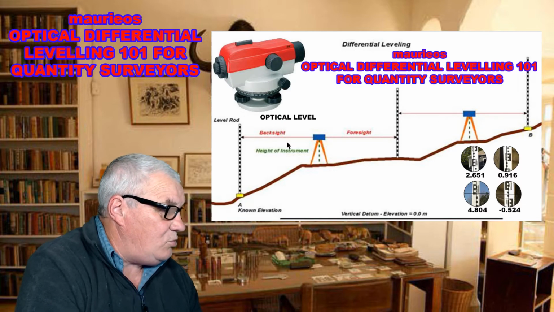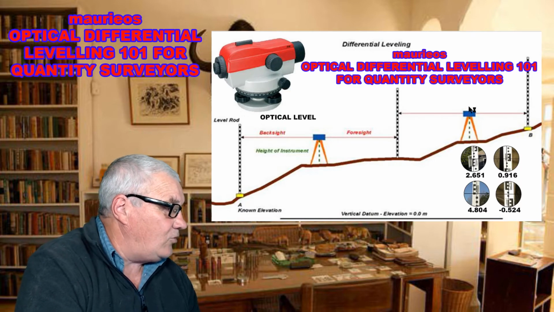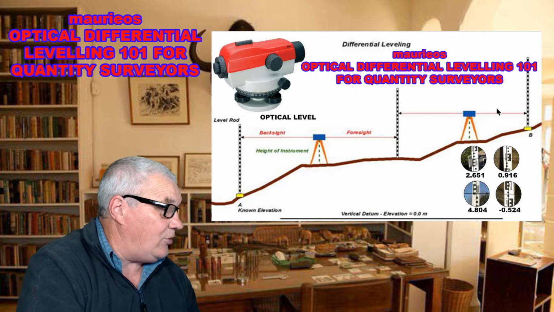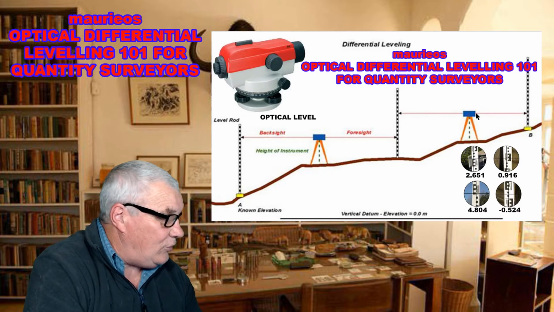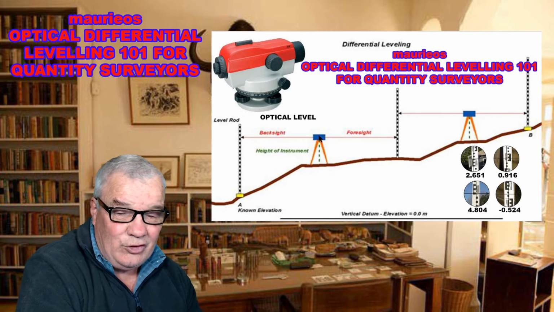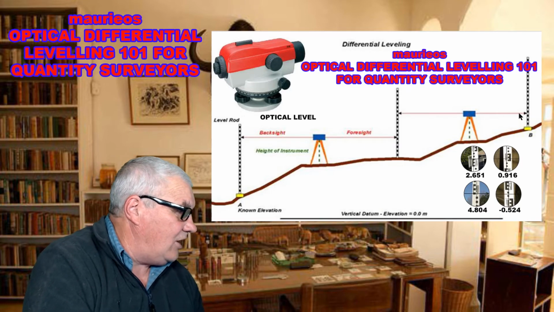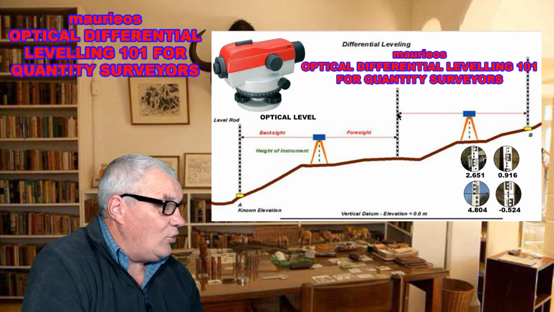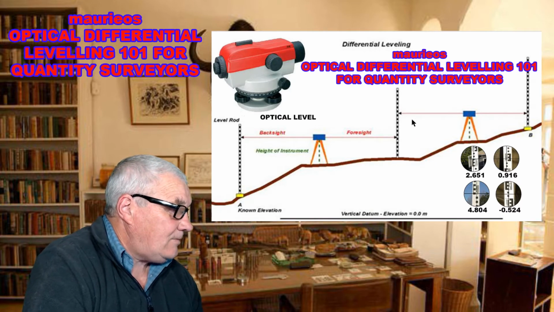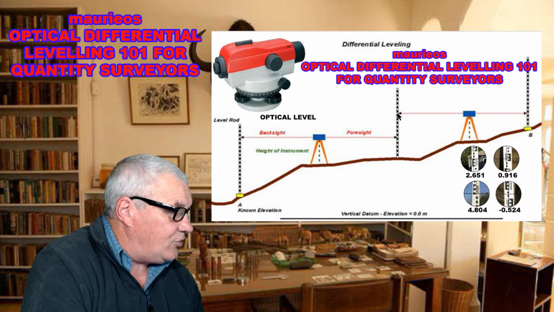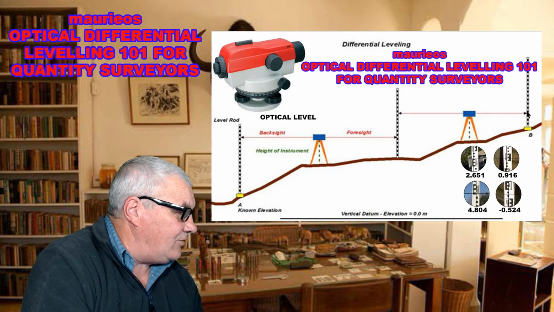So then when you move the level to here, it sets up a horizontal plane, but a different horizontal plane to the first one. Each setup defines a new horizontal plane. And here you're measuring the distance below the horizontal plane from there to there, and from here to here.